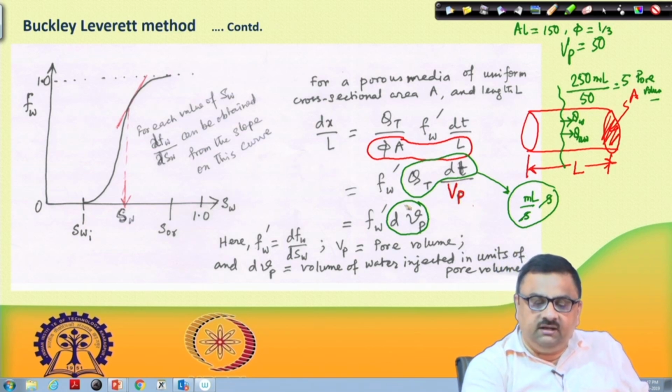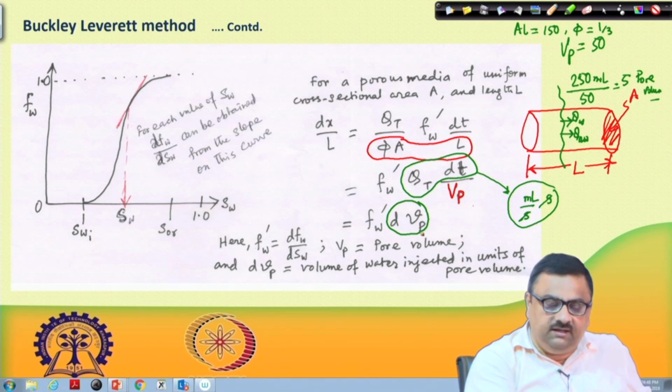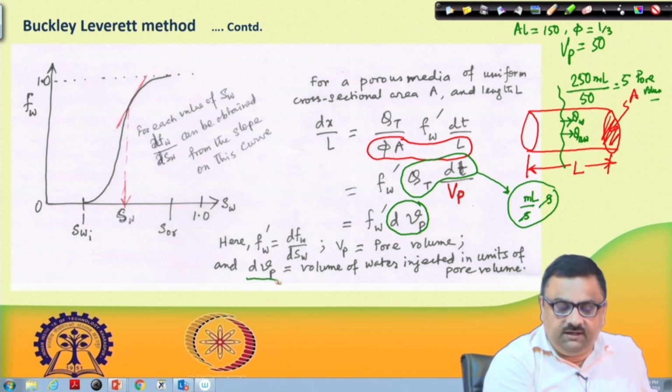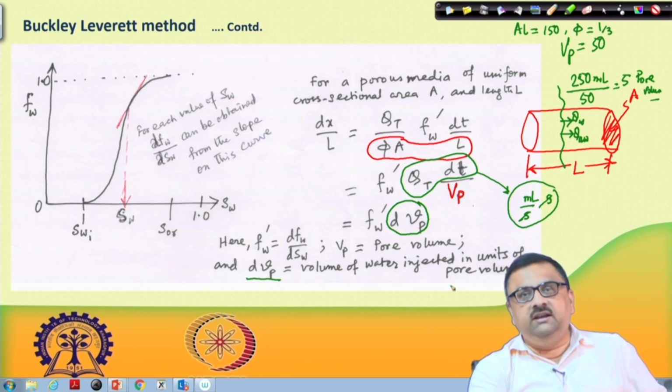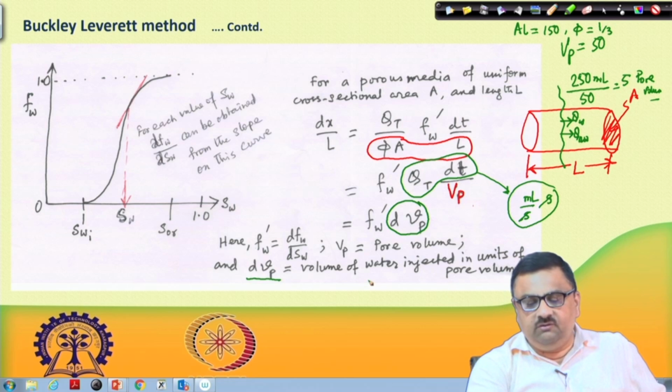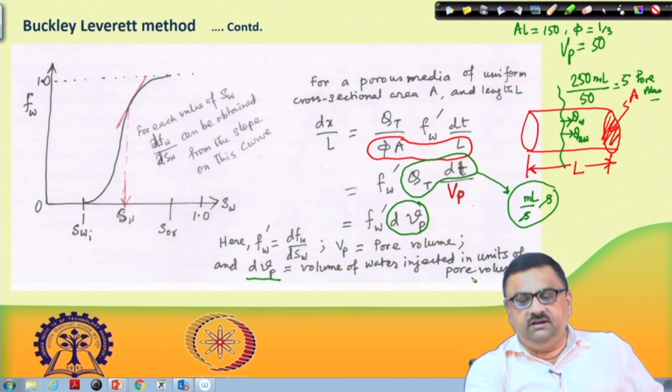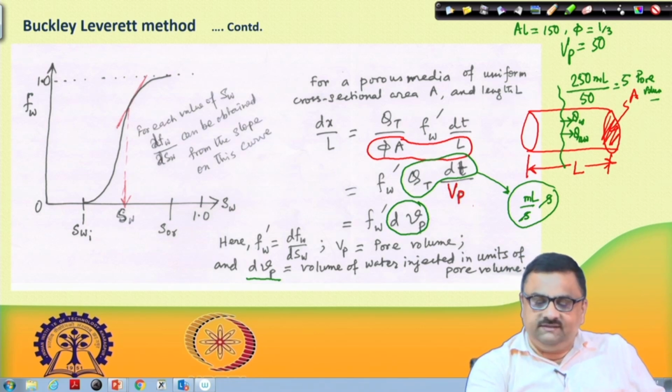This gives me dVp, that is the pore. So, dVp, you note down, is the volume of water injected in units of pore volume over this duration dt.